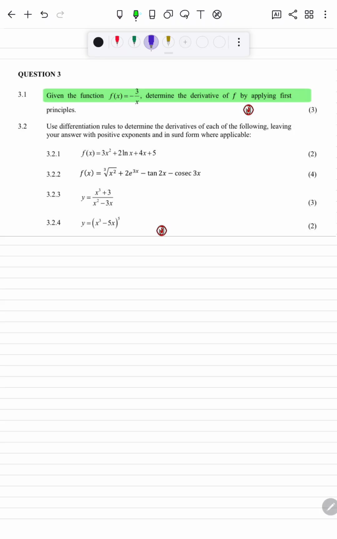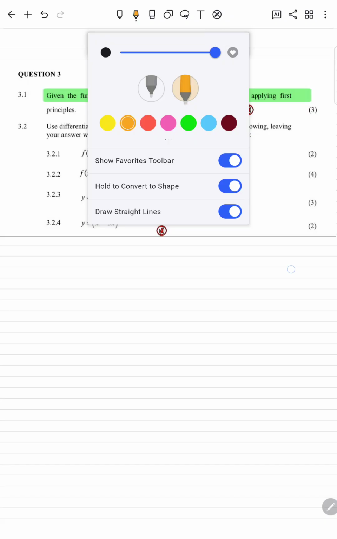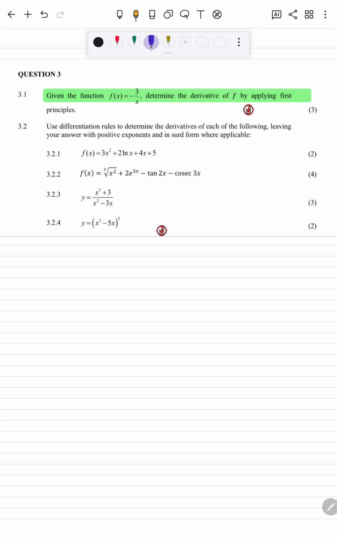So this is very important. Don't skip this. Your exponent must be positive and then it should be left in surd form where it is applicable. So we do not choose when it is applicable or not. For example, if the final answer was to be x to the power 1 over 5, you have to change it, and that would be the fifth root of x.